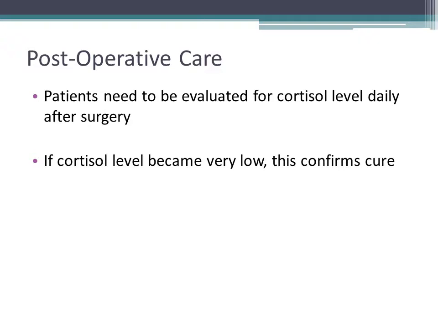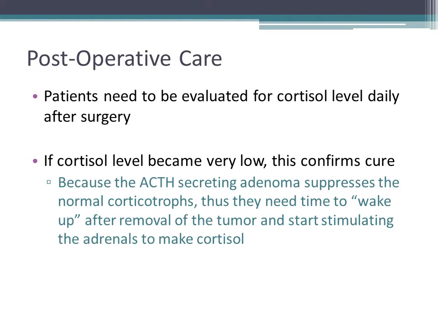If the cortisol level the next day after surgery becomes very low, this confirms cure. Now, why is that the case? Remember, this is a tumor producing too much ACTH. Because of the overproduction of ACTH from that tumor, the normal ACTH-producing cells in the pituitary are suppressed because of negative feedback of cortisol.